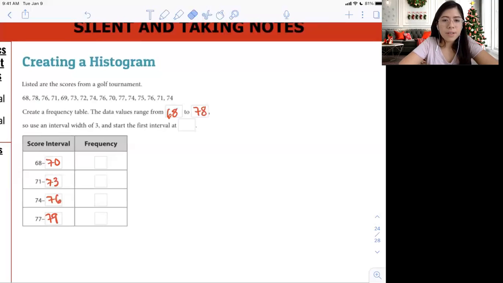Then you go through your list and see how many of those numbers fall between 68 and 70. I've got 68, 69, I have a 70. Does anyone notice anything else? I think that's it. So 3 of those fall between 68 and 70. How many values fall between 71 and 73, including 71 and 73? 4.